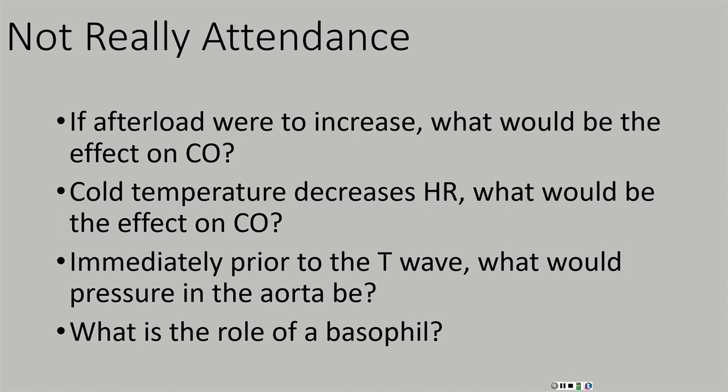So the ventricle is pressing blood into the aorta on the left side. And as the aorta is filling with blood, pressure is rising to its highest point. And we said that pressure in the aorta during ventricular systole, which is what is immediately prior to the T wave, is 120 mmHg.